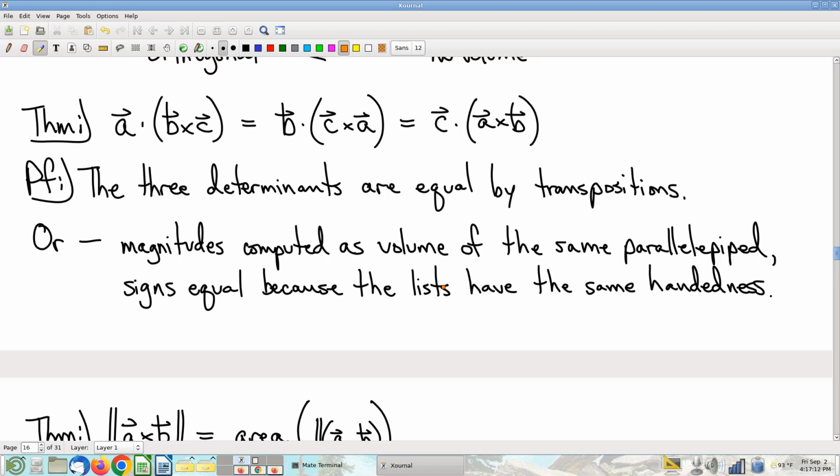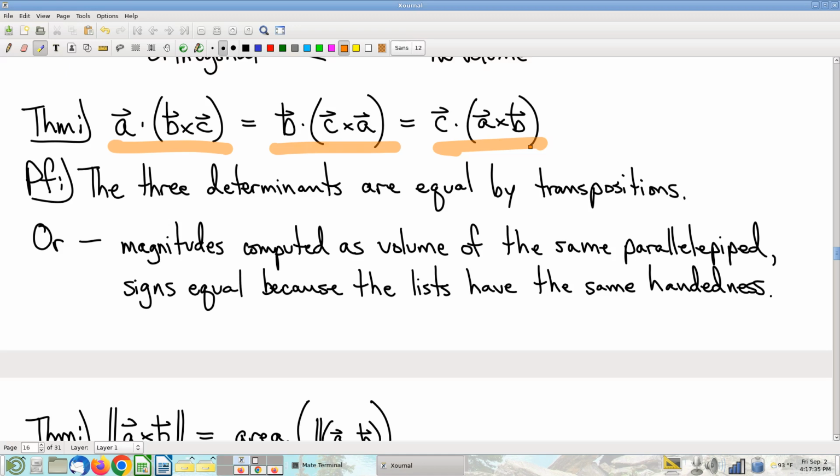Triple products are preserved by cycling. So again, you can take the third vector, put it in the second position. The second vector, put it in the first position. The first vector kind of falls off, and you put it back around in the original third position. And you get the same triple product either way. Very weird.